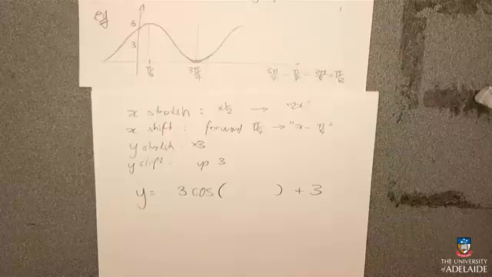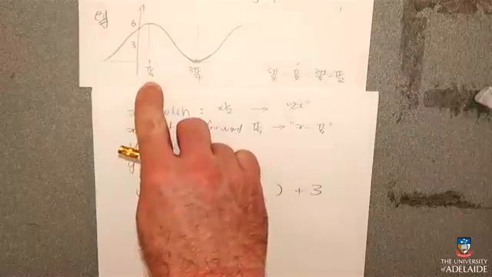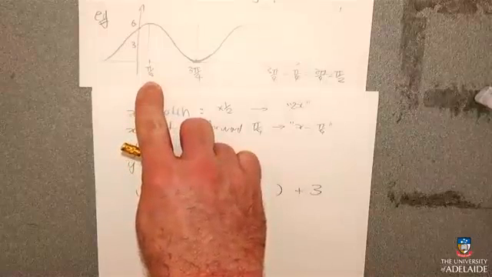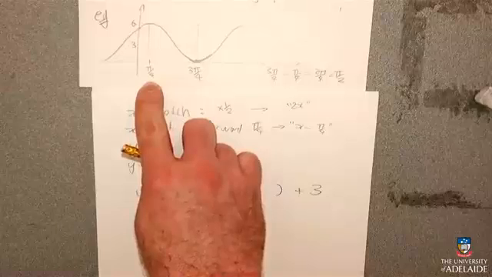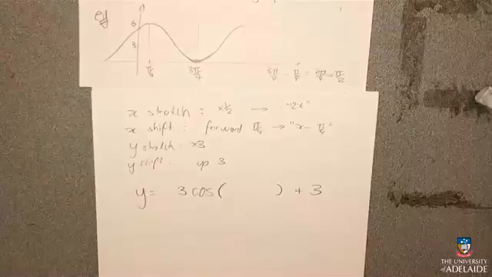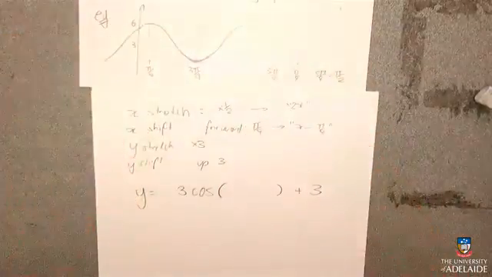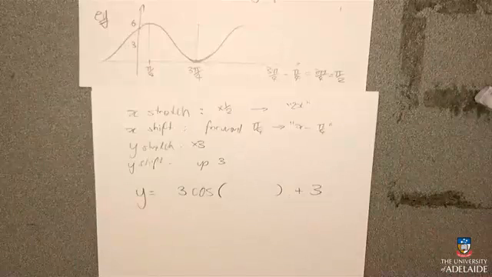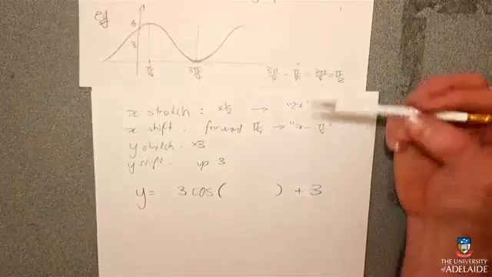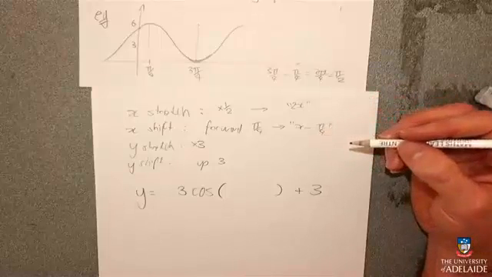Well, I can tell because if I had done it after, this would have been a pi on 8. In my imagination, I changed the width and then I moved it over. I just need to be careful about that, because whenever you do one of these things, remember we're doing them in the reverse order.